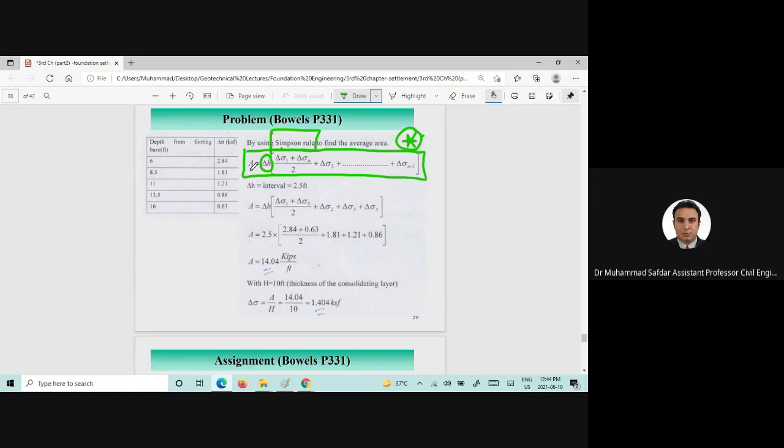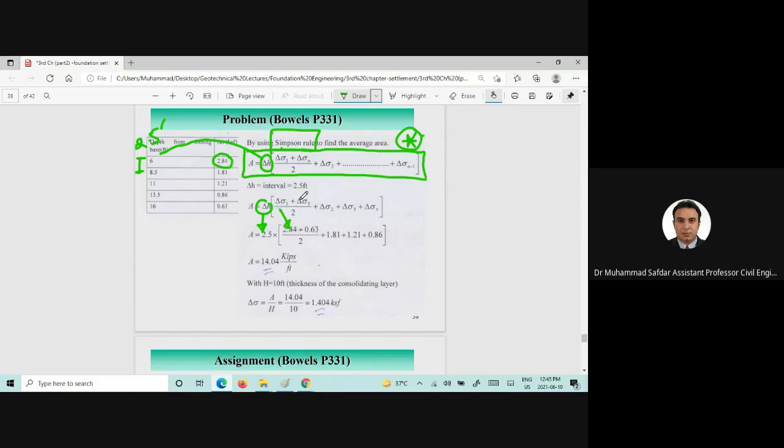Now, delta H is the interval, which is 2.5 feet. Here, delta sigma 1 is the value which we got at the depth of 6 feet. So this is the delta sigma 1, 2.84.